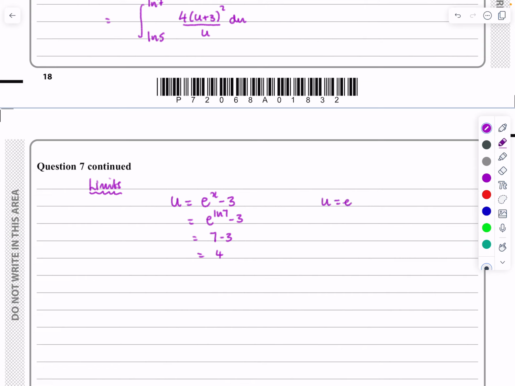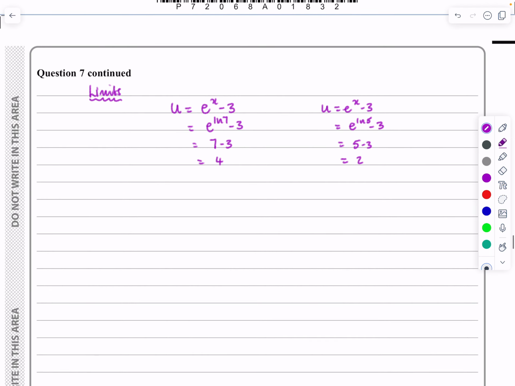So u equals e to the x minus 3 equals e to the log 5 minus 3 is 5 minus 3 is 2. Okay, so my original integral now changes to not between log 7 and log 5 now, but between 4 and 2. 4 u plus 3 squared all over u du.